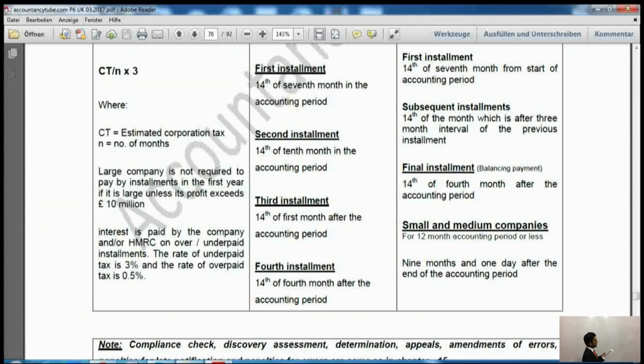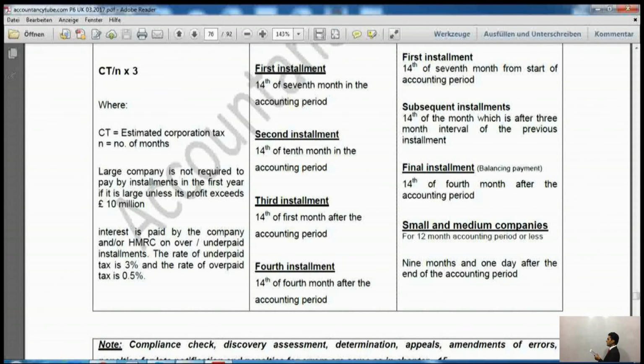So for example, if your first installment was on 14th of August, you take 3 months after that: August, September, October, November. The next installment will be on 14th of November, because it is saying 14th of the month after a 3 months interval. So every 3 months you pay the next installment. The final installment will be 14th of 4th month after the accounting period. That would be our balancing payment.